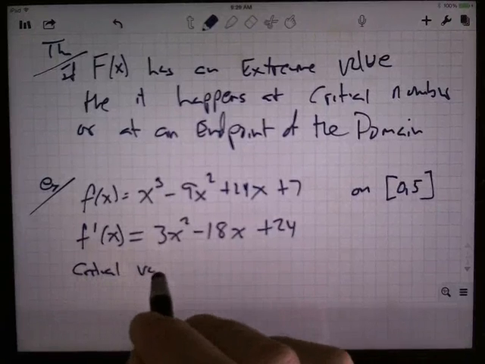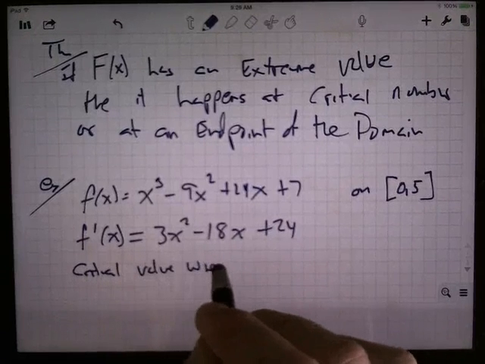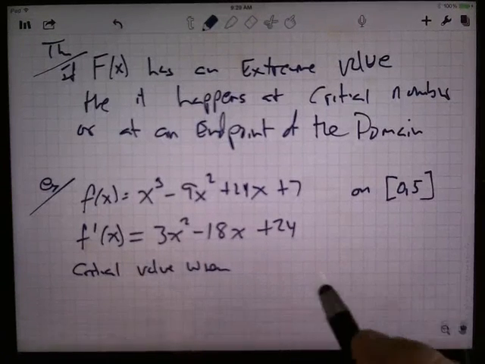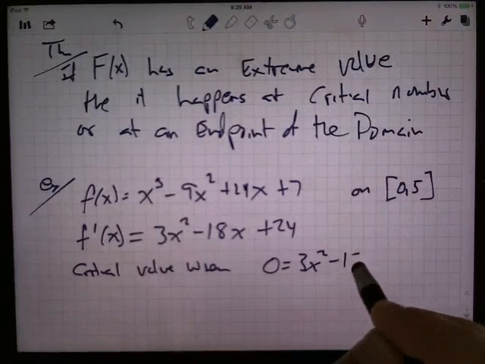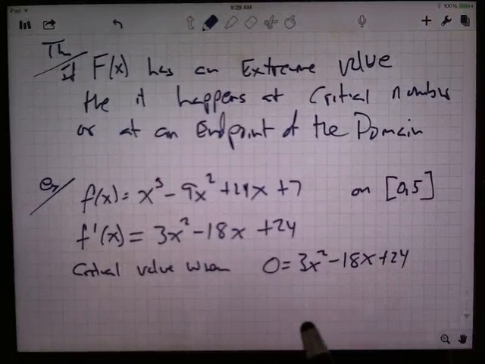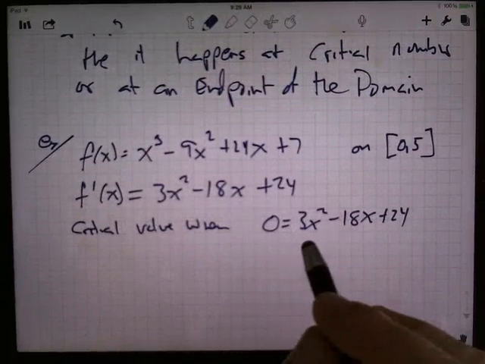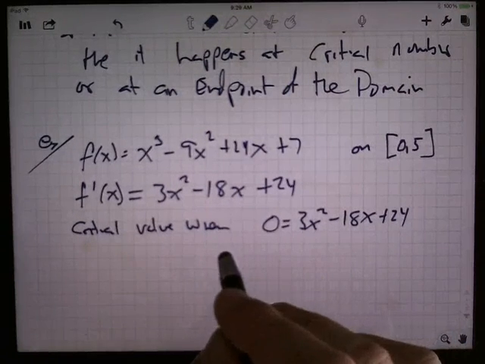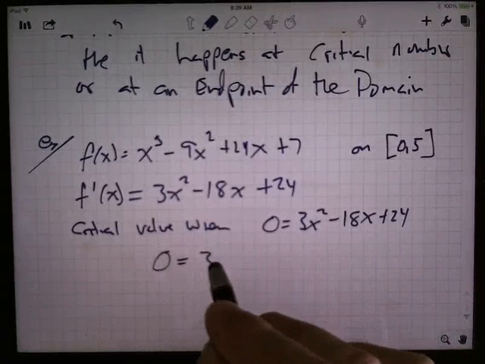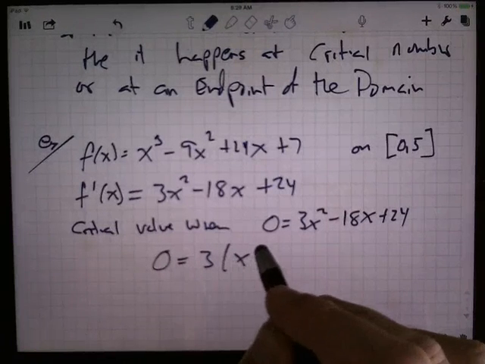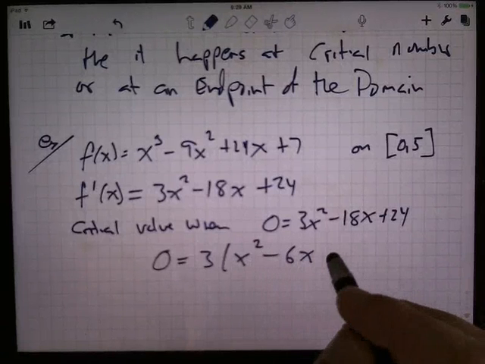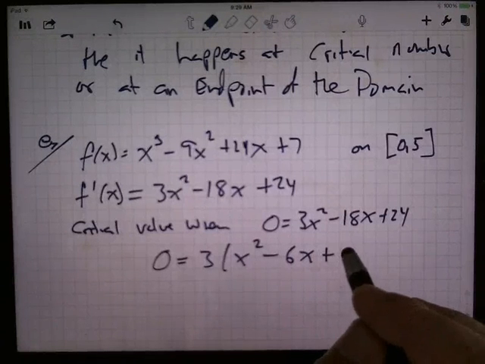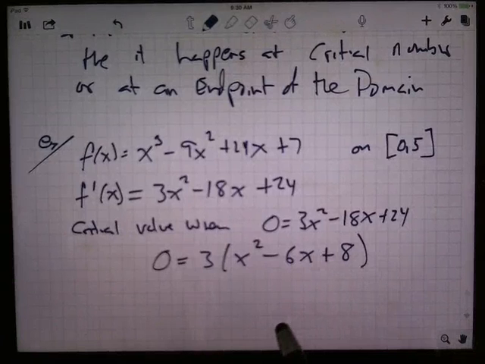So critical value when this thing is equal to 0. When 0 is equal to 3x squared minus 18x plus 24. I could use the quadratic formula, but I think I can actually just factor that. I see a 3x squared minus 6x plus 8, right?